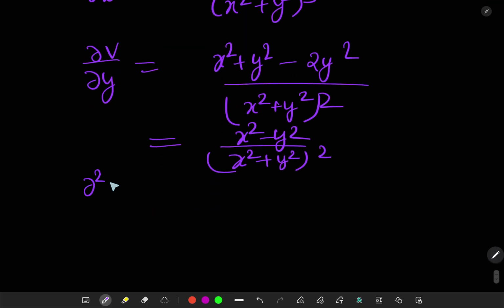Now finding double partial differentiation of del v over del y square, del v over del y, which is equal to this.